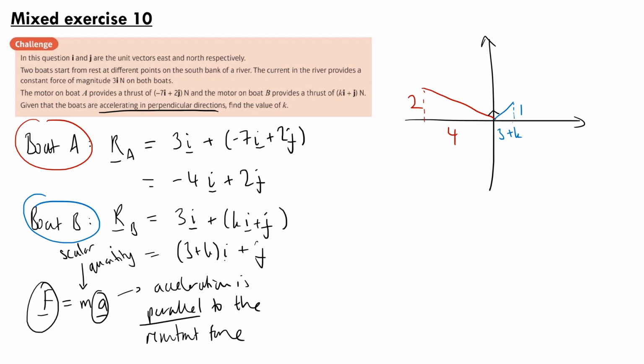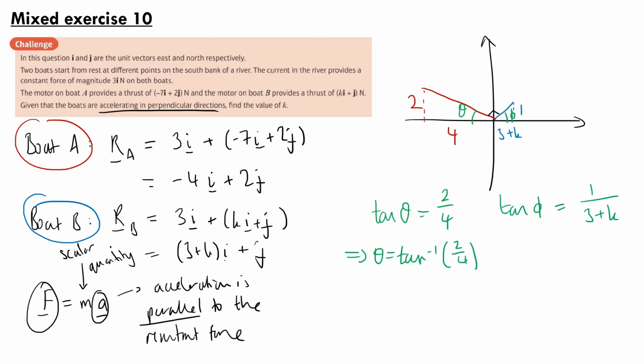And we know we can find the angles here and here using tan. So if we call this angle here theta, this one phi, we know that the tan of theta will be opposite over adjacent, and the tan of phi will be the opposite over the adjacent of the blue triangle. So here we can find theta as the inverse tan of 2 over 4.